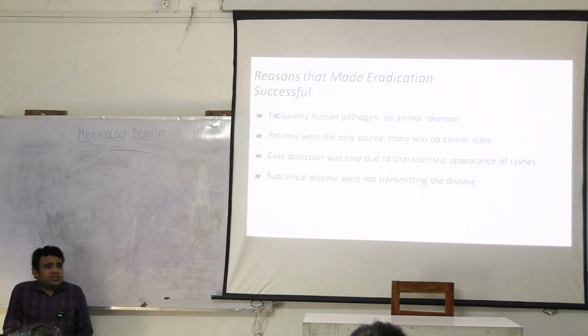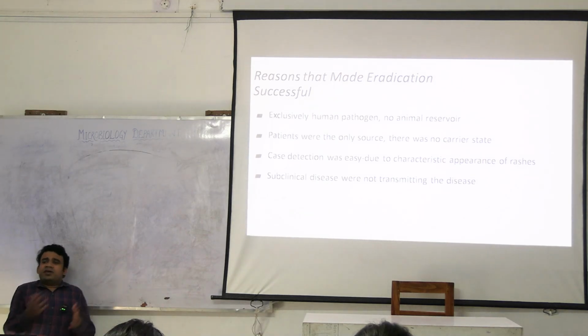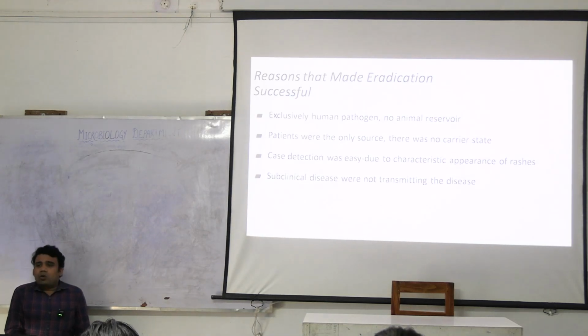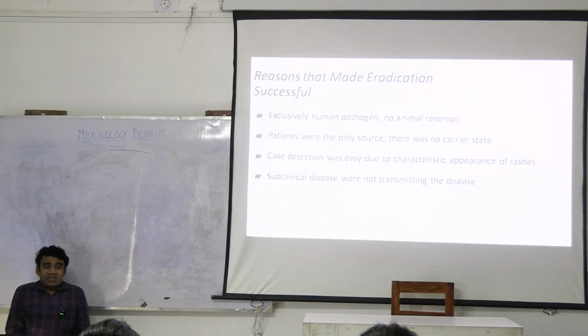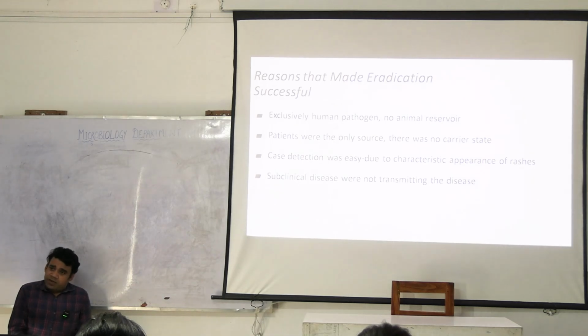Now, a very common question that may be asked in your examinations is why it was possible to eradicate this virus. First, this virus has no animal reservoir. There are no carriers. That means the disease can be acquired only from cases. Secondly, once a person survives the infection, he or she remains immune to the virus lifetime.